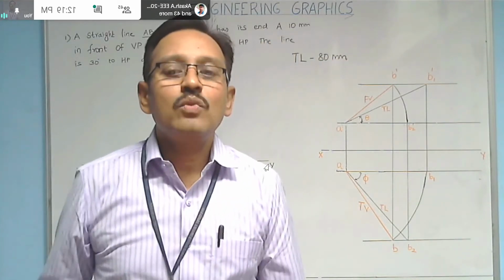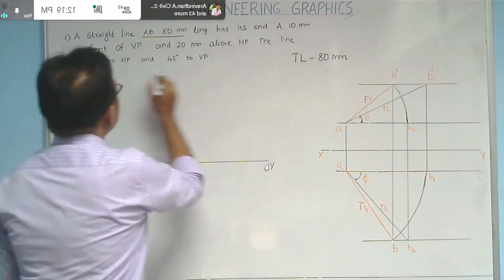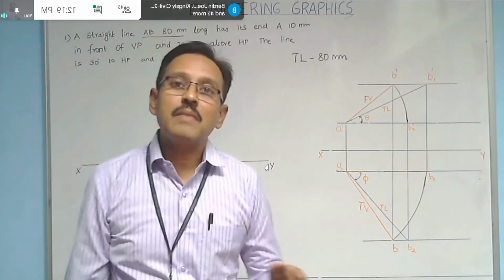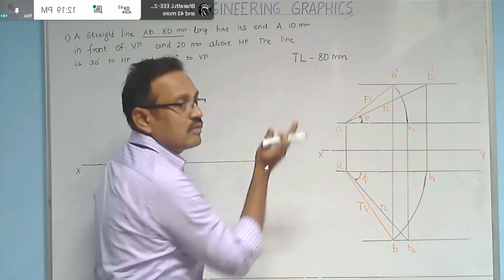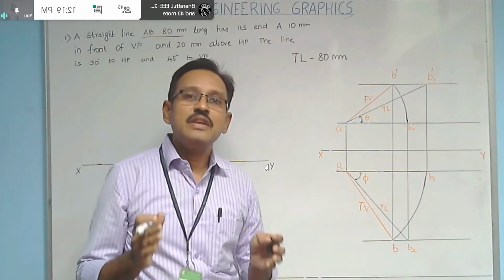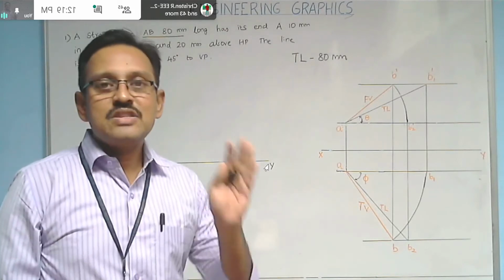Now what about the end A? The end A is 10 mm in front of VP and 20 mm above HP. We look at the projection of straight lines only in the first quadrant, so imagine the first quadrant.